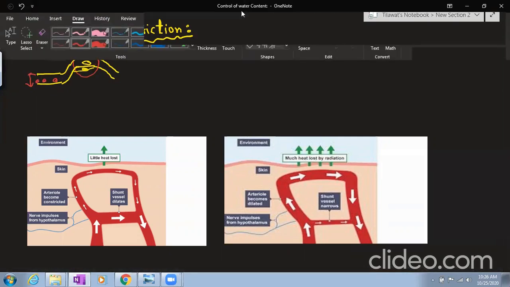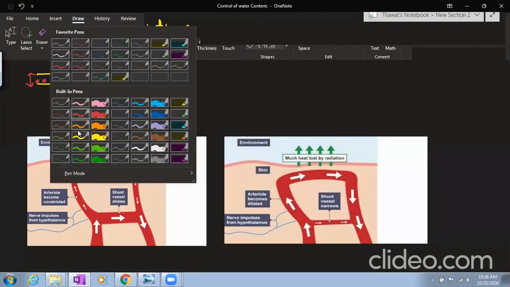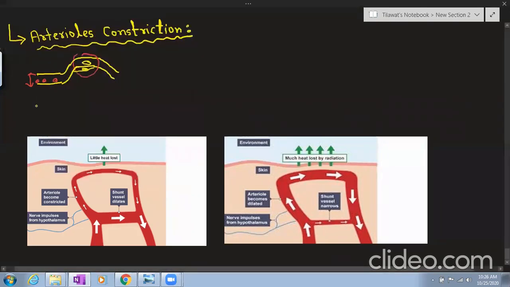But let's suppose this arteriole muscle contracts, as a result the arteriole will constrict. At that time, what will happen? Less blood will move toward your capillaries, right? Let's suppose these are the capillaries, and this is now the venule.